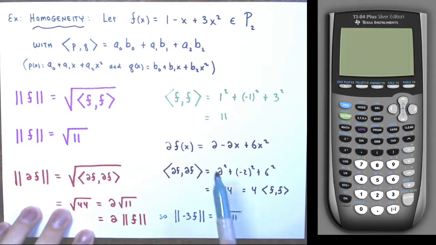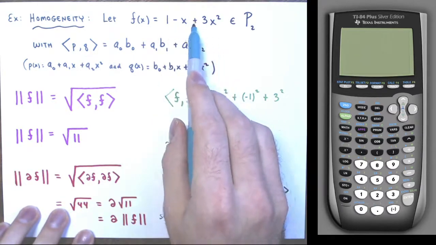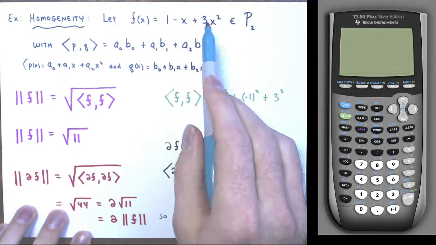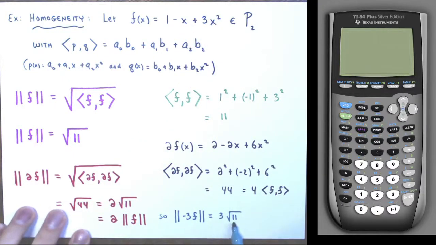Again, if you multiply f by negative 3, you get negative 3 plus 3x minus 9x squared, and if you found the norm of that, it would just be 3 times the square root of 11. Again, the absolute value of negative 3, positive 3, times the norm of f, times the square root of 11, and so on. You could find all sorts of other norms of scalar multiples of f.